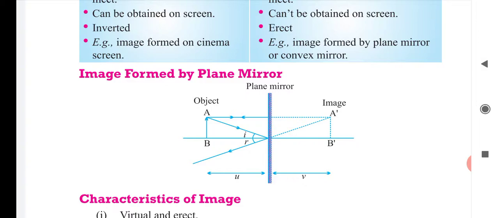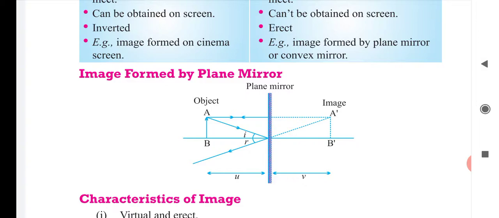Understood now what kind of images are called virtual images? If you draw the reflected rays backwards, they will meet at one point, but they won't meet actually. So that kind of image we call a virtual image.